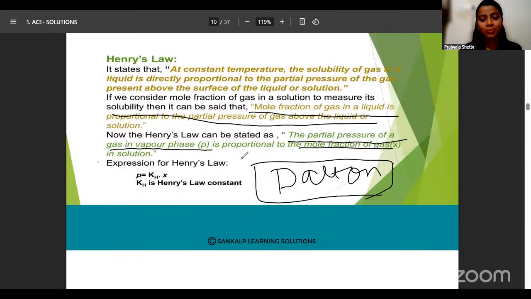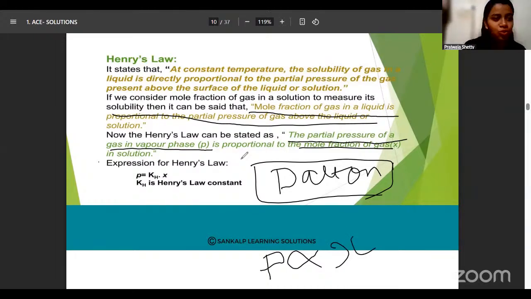In simple words, P, which is the partial pressure of a gas in vapor phase, is proportional to the mole fraction of the gas, X.